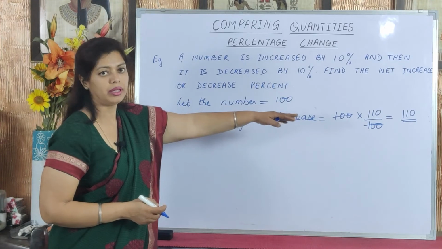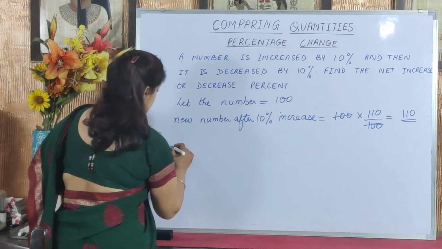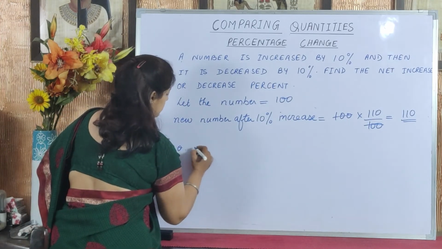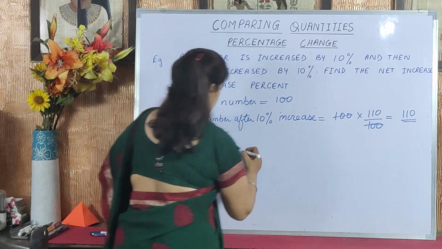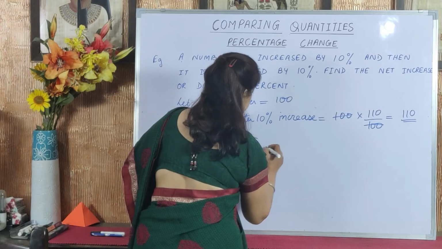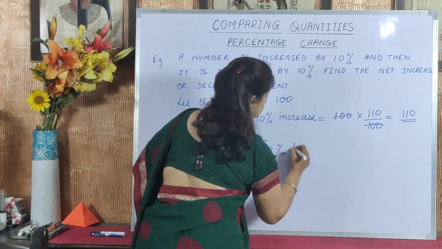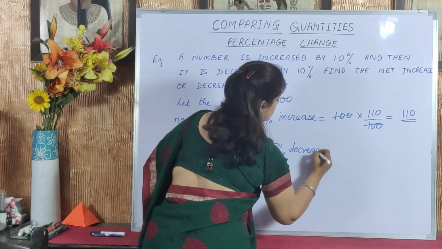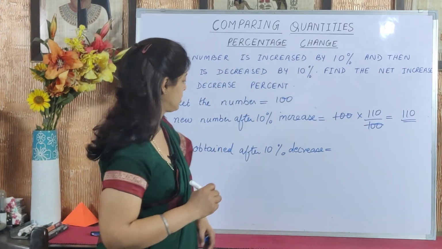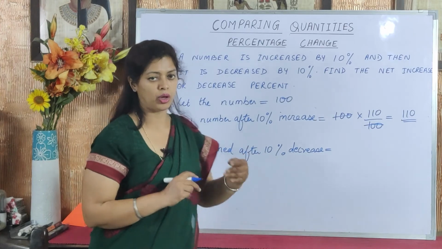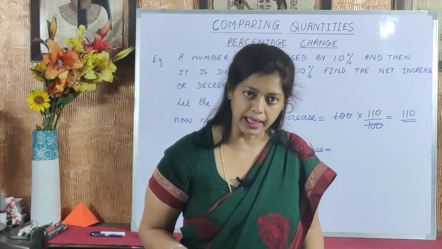So this is the number obtained after the 10% increase. Now this number is decreased by 10%. So the number obtained after 10% decrease. Again we directly find the new number after 10% decrease. 10% decrease means if the original number is 100, the new number is 90.